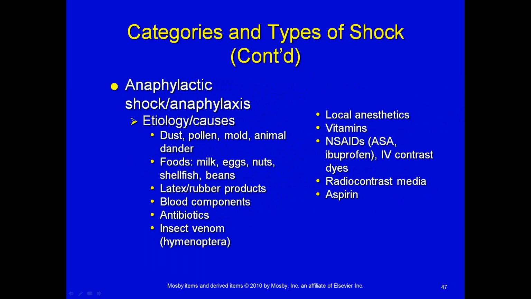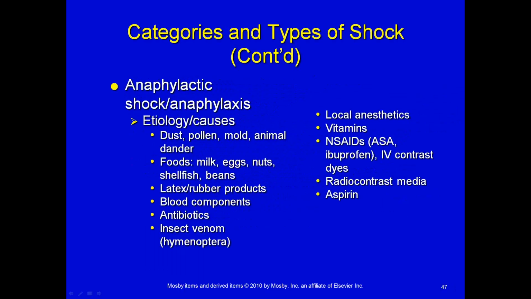Shock or anaphylaxis can be caused by allergies to dust, pollens, molds, animal danders, milk, eggs, peanuts, shellfish, and beans. Latex and rubber products, although we don't see much of that anymore because most of the latex has been eliminated. If you give a blood transfusion, maybe parts in the blood, the RH factor, the ABO system, if they're not matched and typed correctly, there can be a blood transfusion reaction which could lead to anaphylaxis.